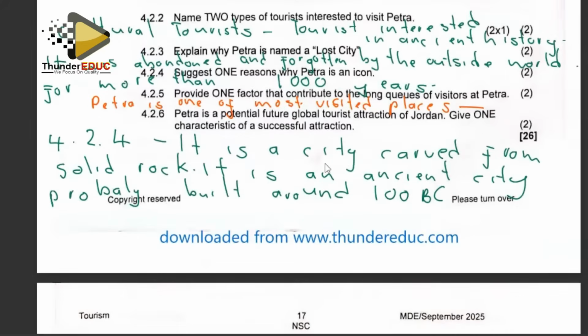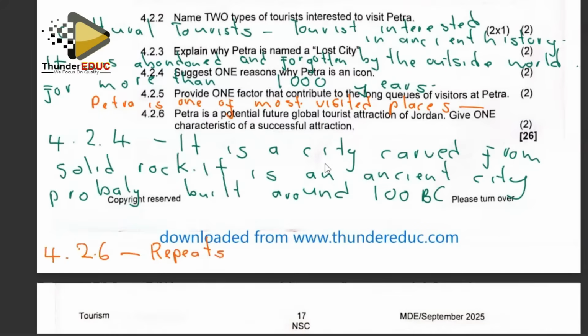Now, 4.2.6 reads, Petra is a potential future global tourist attraction of Jordan. Give one characteristic of a successful icon. There are several characteristics there, but you can also single out the fact that there are repeat visits.